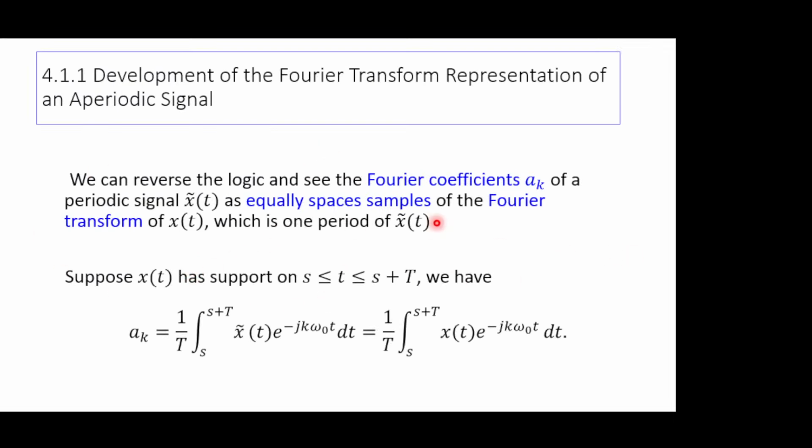And once again, we can see those a_k as samples of big X. Okay, so let's do the derivation that we have seen many times. We have x of t and x tilde of t, which is x of t copied and pasted to become periodic, and we want to find the a_k of x tilde of t.